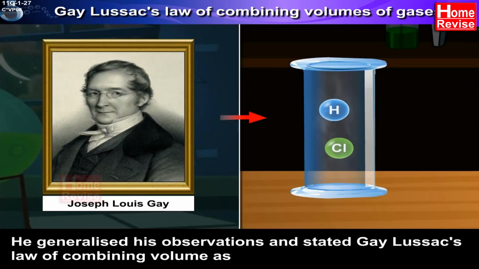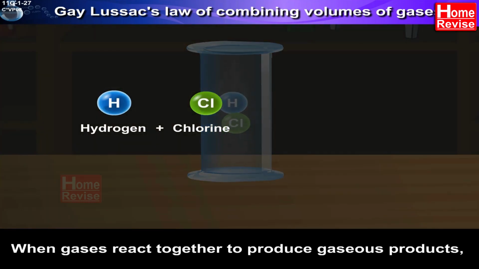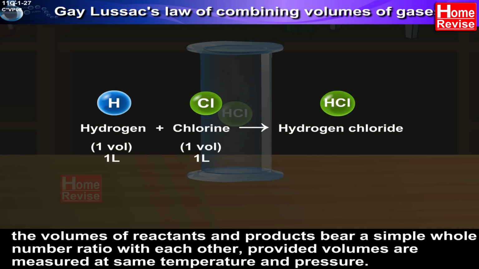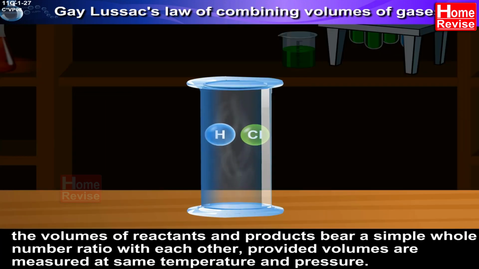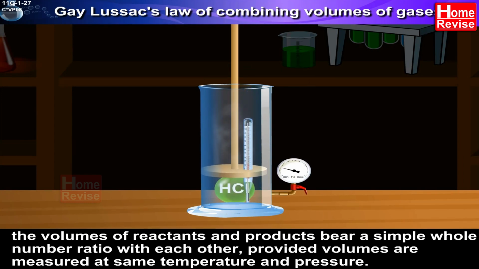He generalized his observations and stated Gay-Lussac's law of combining volumes as: when gases react together to produce gaseous products, the volumes of reactants and products bear a simple whole number ratio with each other, provided volumes are measured at the same temperature and pressure.